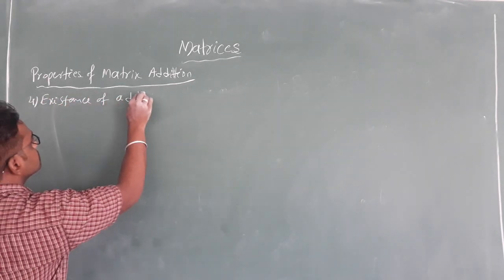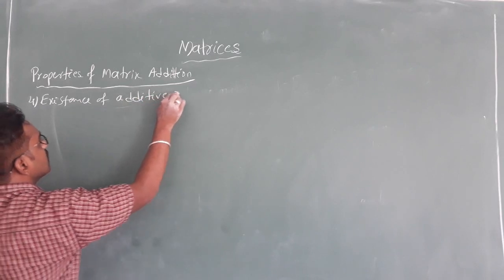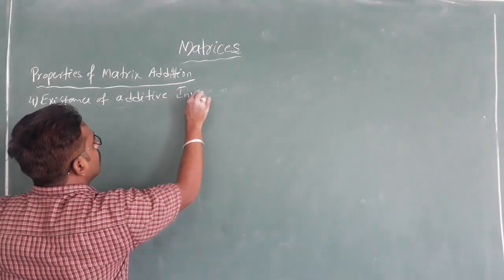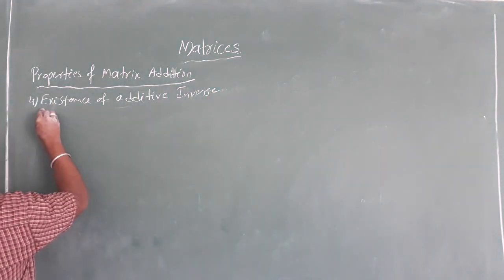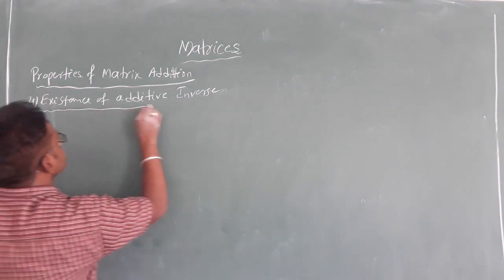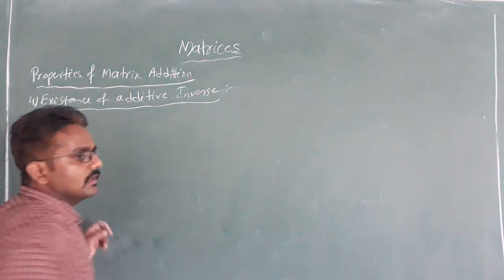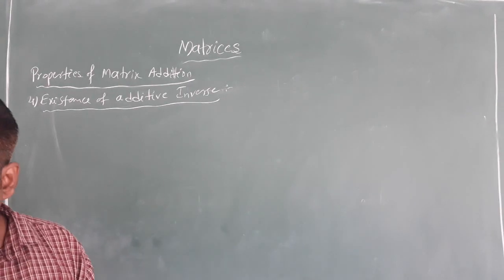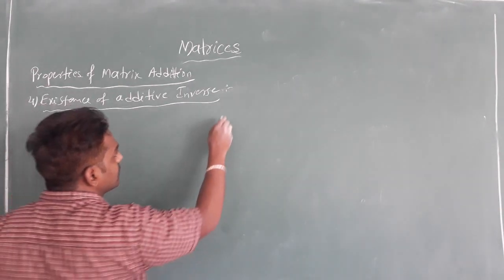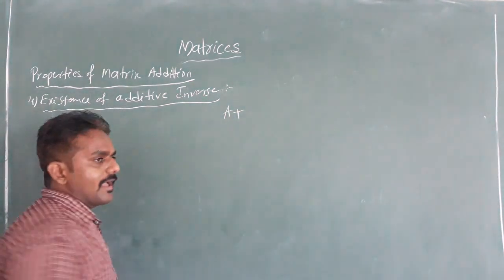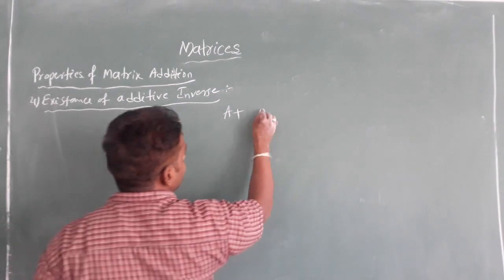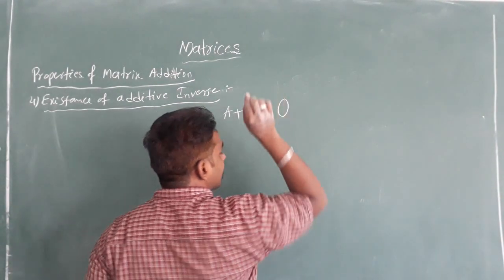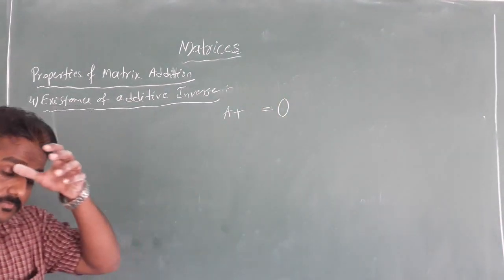So, existence of additive inverse. It means if you have the given matrix A and we add some matrix, you should get the zero matrix.